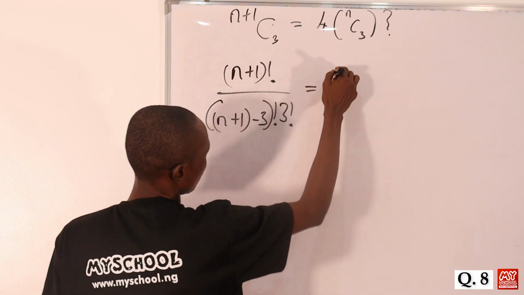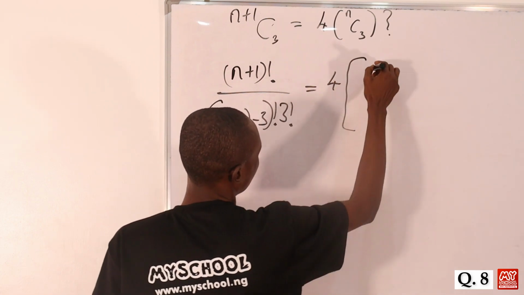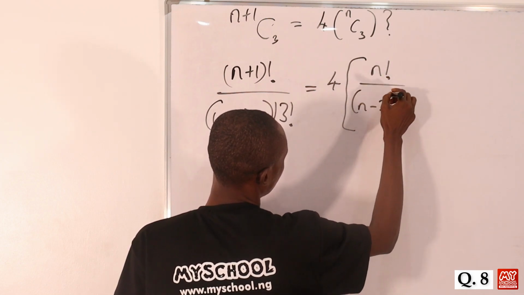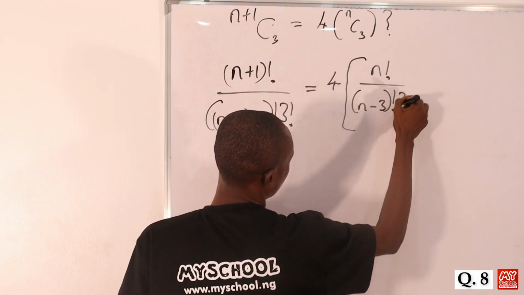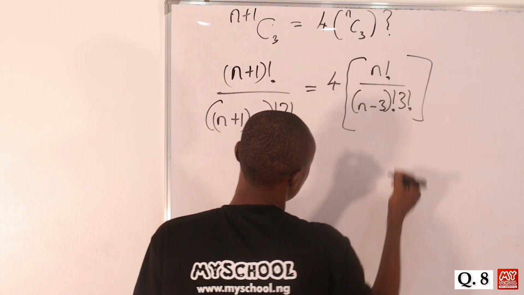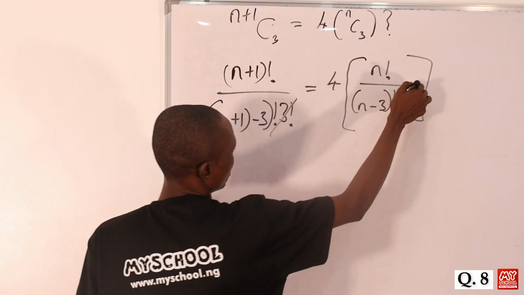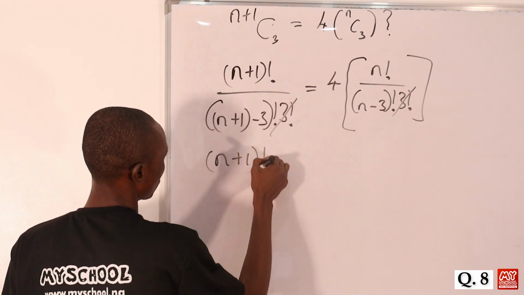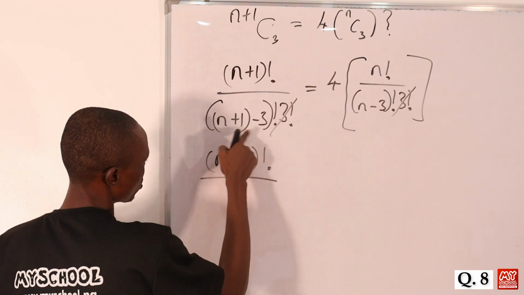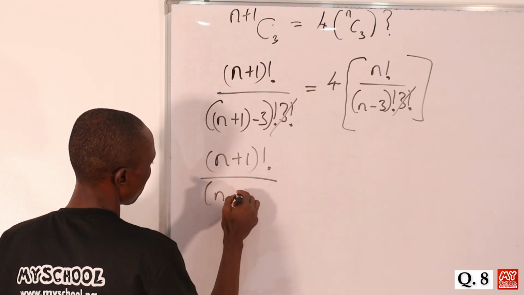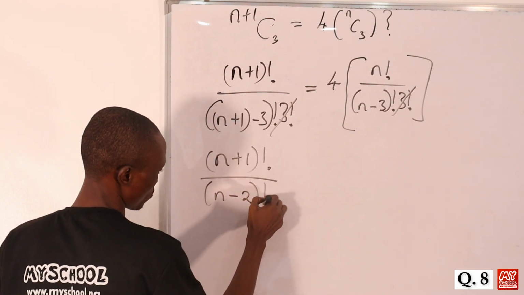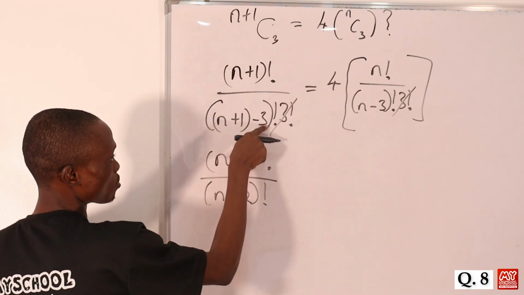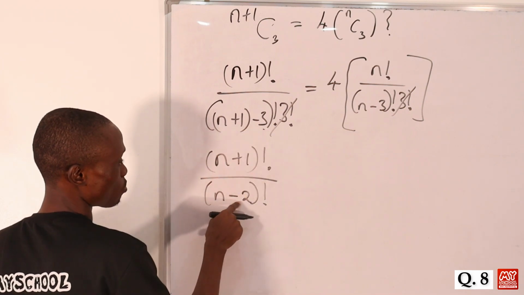And this will be equal to 4 times (n factorial over (n minus 3) factorial, 3 factorial). So we can take out 3 factorial from here, so that we have (n plus 1) factorial over, if we subtract, n minus 2 factorial. If we open this back, we have n plus 1 minus 3, and 1 minus 3 is minus 2.